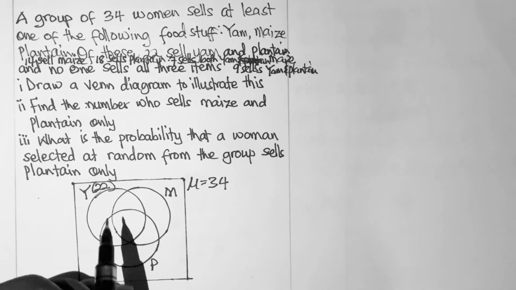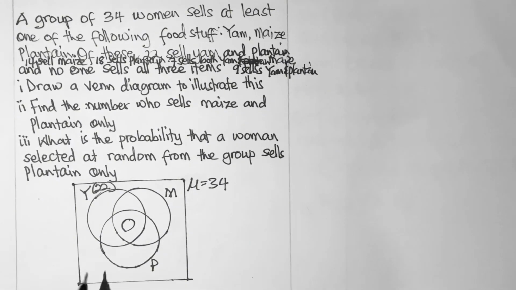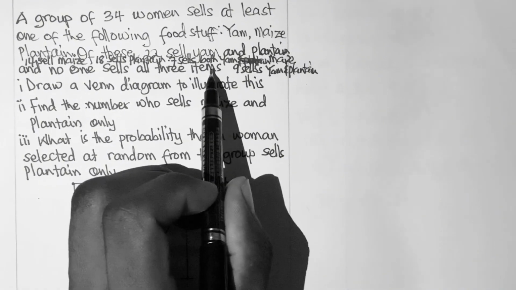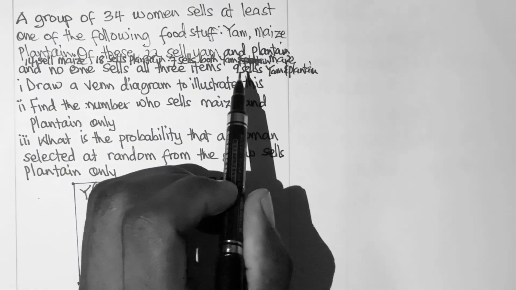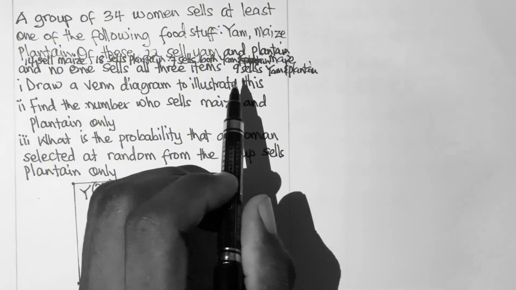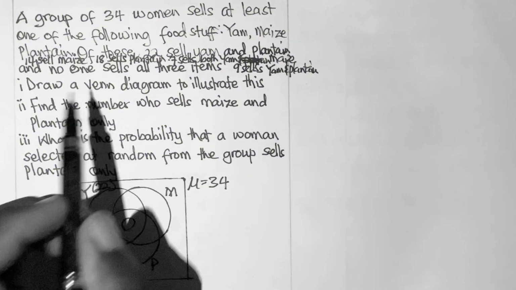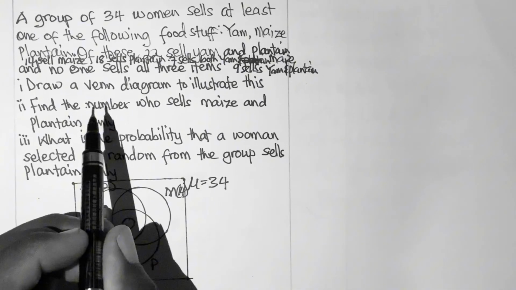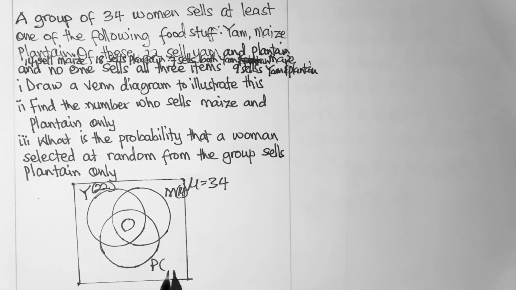So he says no one sells all three items, so this place is 0. Then he says that 22 sell yam, and 14 sell maize, so the maize part is 14, and then 18 sell plantain, so here's 18.